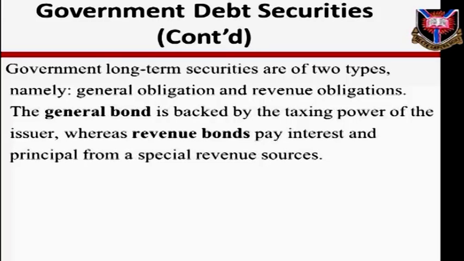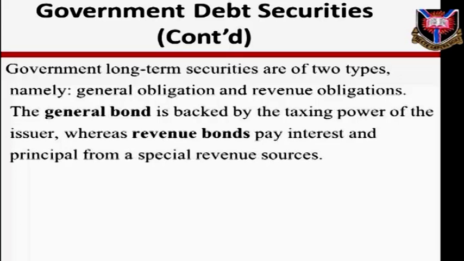The general bond is backed by the paying power of the issuer, whereas revenue bonds pay interest and principal from a special revenue source. The collection of tolls on a road or bridge which had been financed through borrowing is a loose example of a revenue bond.